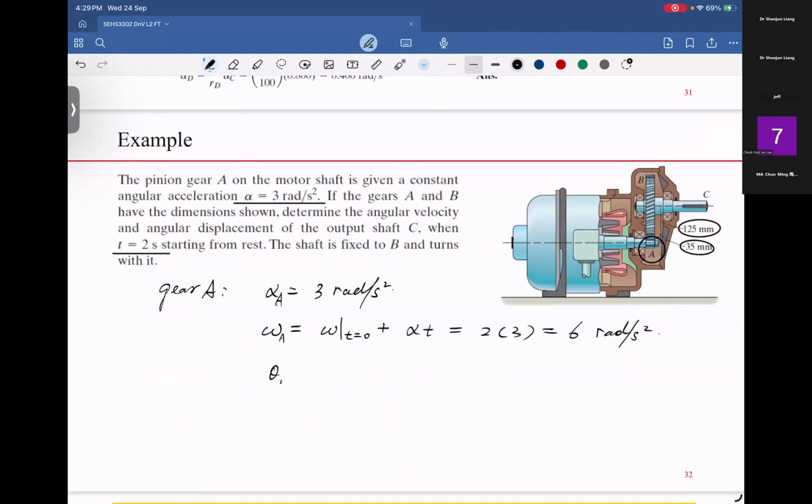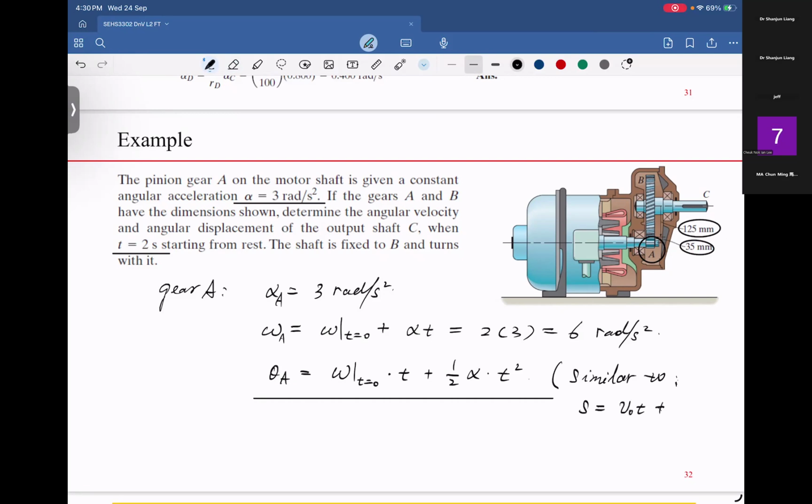We also need to know theta A. It's initial omega times t plus half alpha times t squared, similar to the displacement of a particle, which is s equals v0 t plus 1/2 a t squared, what we have learned.